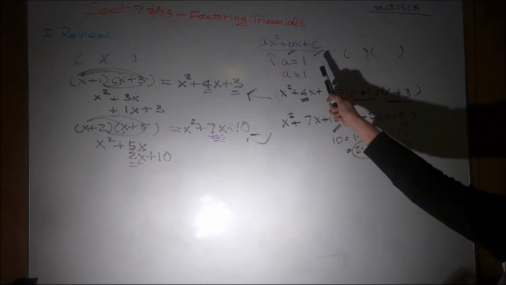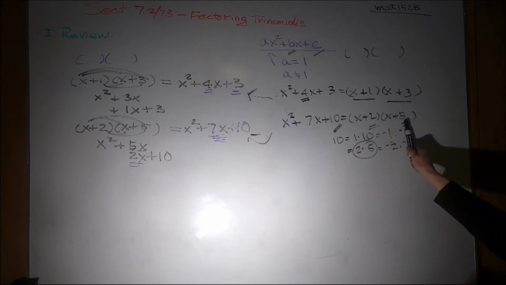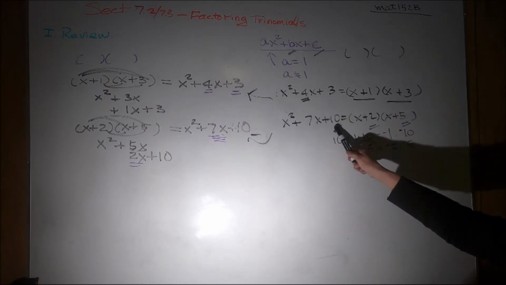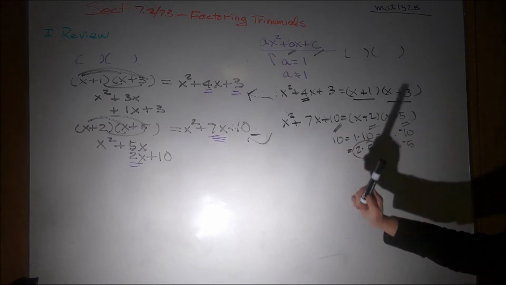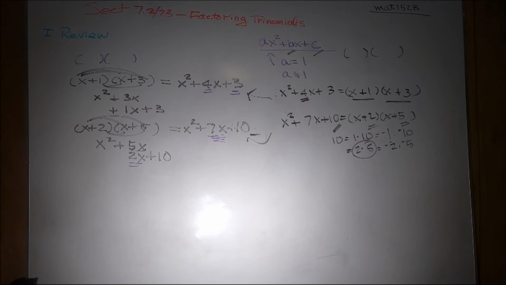If the leading coefficient is 1, all you need to find is what? These two numbers multiplied together give the C, added together give your B, right?